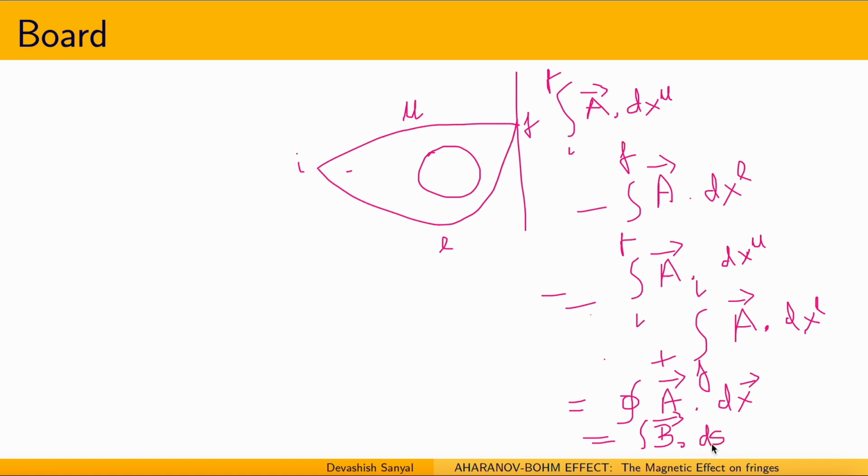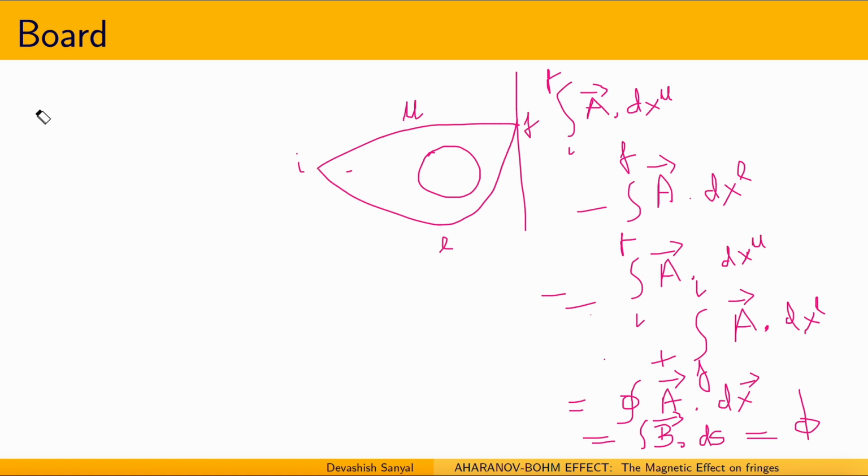Because from Stokes theorem, the closed loop integral of A dot dx becomes the surface integral of curl of A, and curl of A is B, so this is phi. That is how phi comes into the picture.